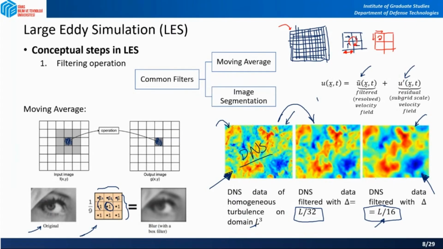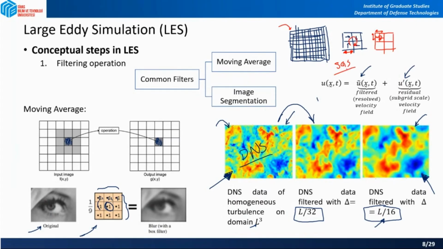What happens when this vortex is inside one cell in your grid? You cannot resolve it. If you want to resolve this, you have to divide it again into four squares. So up to some point, your grid gives you the ability to resolve the vortices, and after that, you cannot resolve them. This is where the subgrid modeling, or SGS, comes into play.